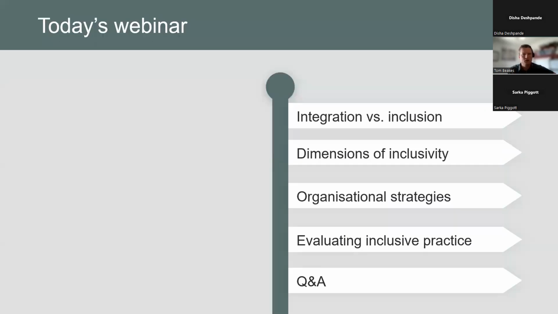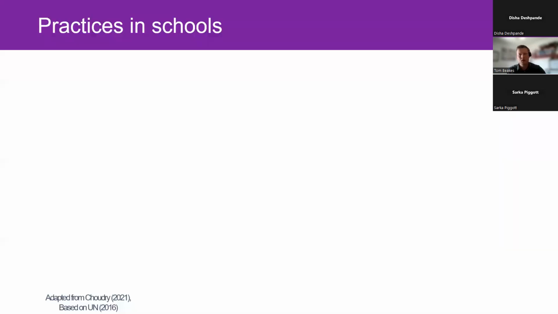And here's a map of the session. I'm going to start by looking at the different types of inclusion and inclusive practices. What we see when we visit different schools, both internationally and here in the UK where we're based, is that there are different approaches to working with plurilingual learners.